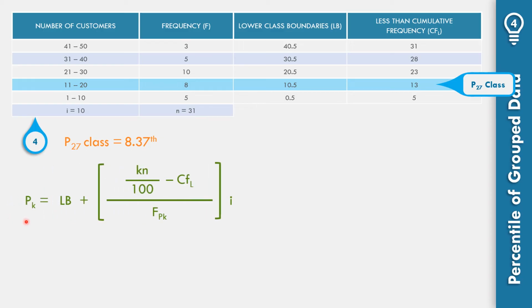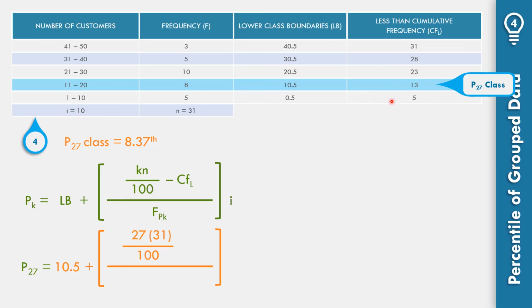The formula for P sub k is equal to LB plus the quantity k times n all over 100 minus the CF sub L, all over the F sub pk, times the interval. So we will compute the P sub 27. For the P sub 27 class, we choose the lower class boundary, that is 10.5, plus the value of k, that is 27, times the total frequency, that is 31, all over 100.